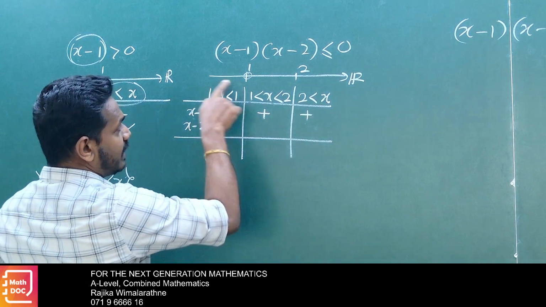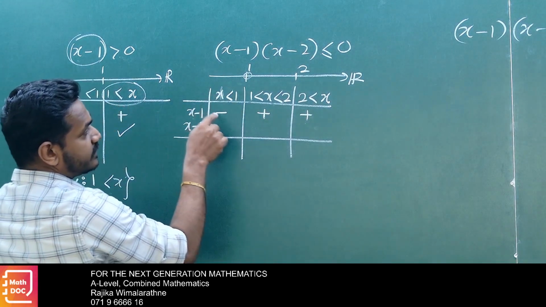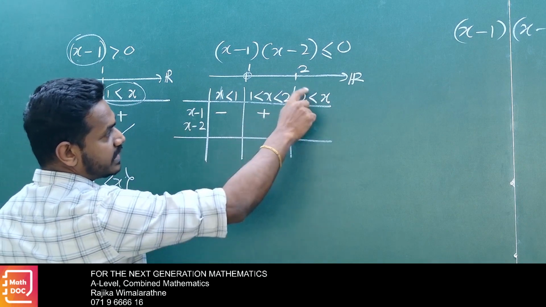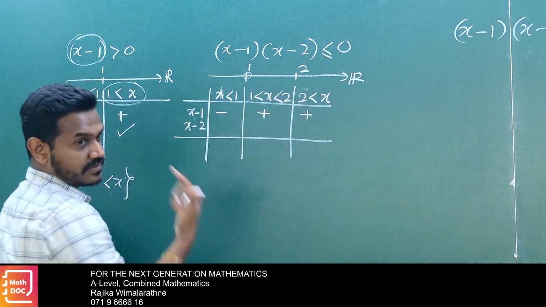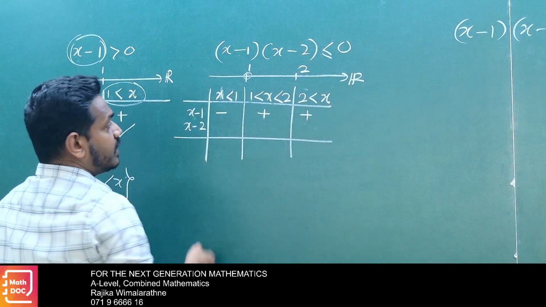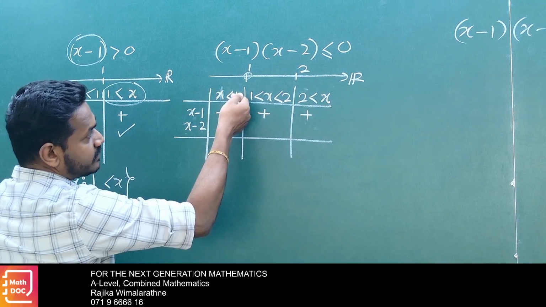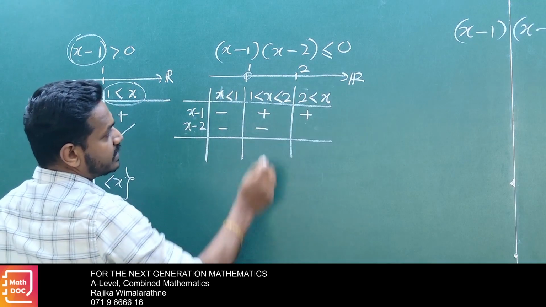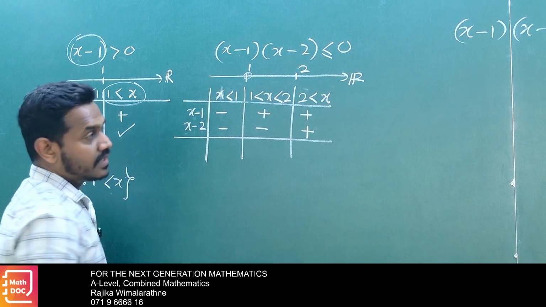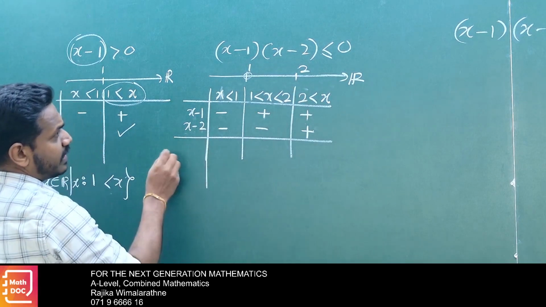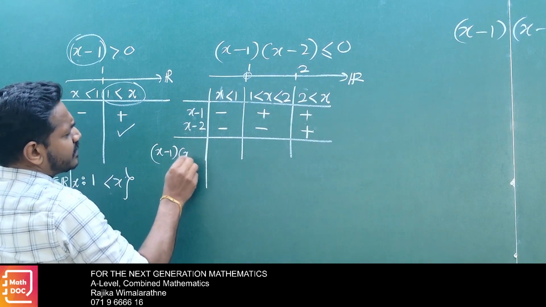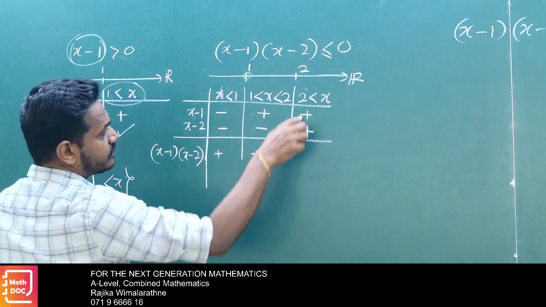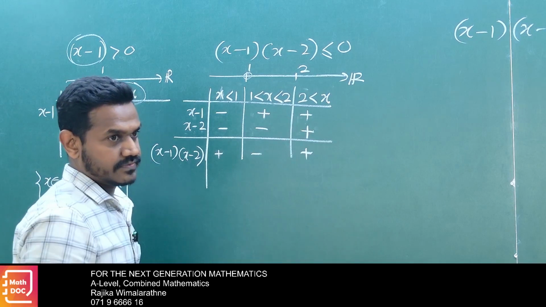Check it again. For values less than 1, take 0, substitute here, we get a negative value. For 1 to 2, take 1.5, substitute here, we get a positive value. For greater than 2, take 3, substitute here, we get a positive value. Then for the x minus 2 factor, for x less than 1 this will be negative, and here positive. We need to multiply them: x minus 1 times x minus 2, then product positive, product negative, product positive.